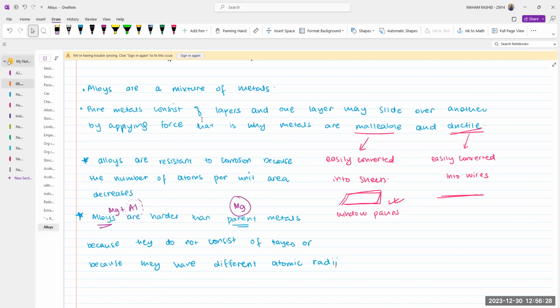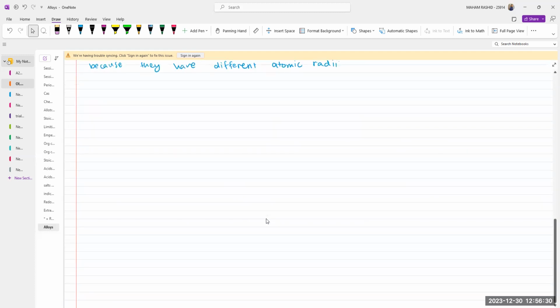Now we move on to types of alloys. Now the first type is called mild steel.